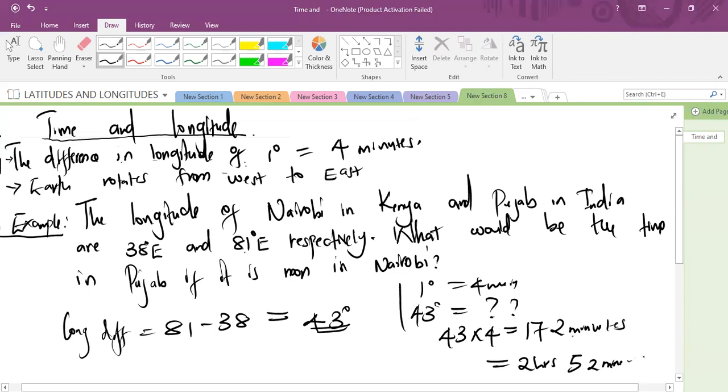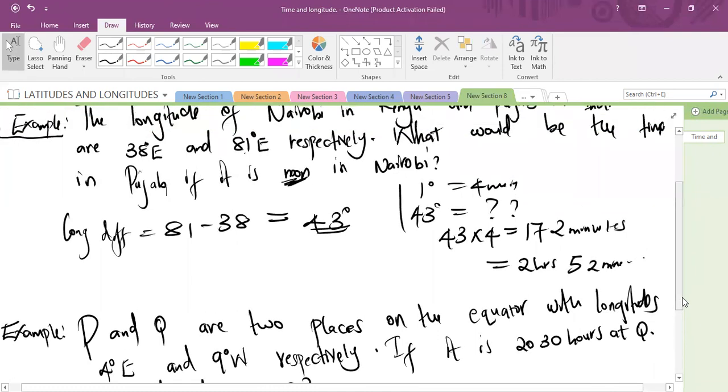Now, we are being told that it is noon in Nairobi. What would be the time in Punjab? From the longitudes, we can clearly see that Punjab is at 81 degrees, meaning it is more on the eastern side than Nairobi. So if it's on the eastern side of Nairobi, then the time will be 2 hours 52 minutes ahead.